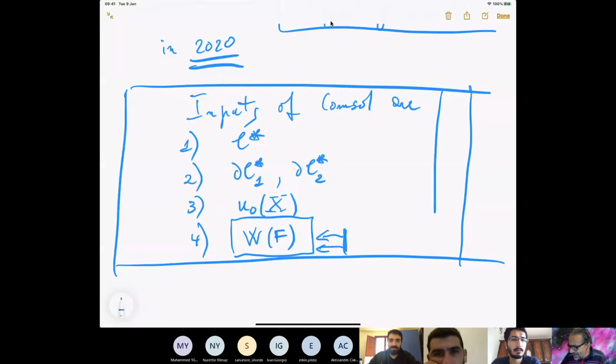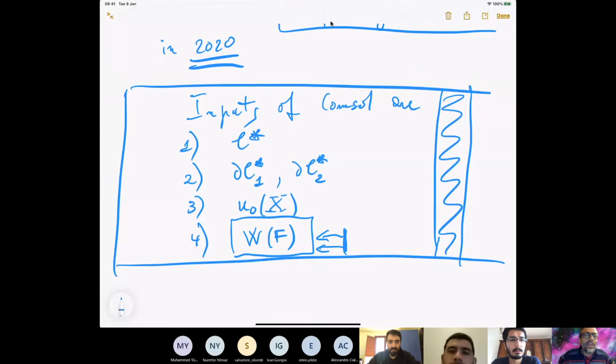So with these ingredients, Erden tried to have COMSOL producing some predictions which are in agreement with experiments. And he did not need to calculate the first variation of the deformation energy.